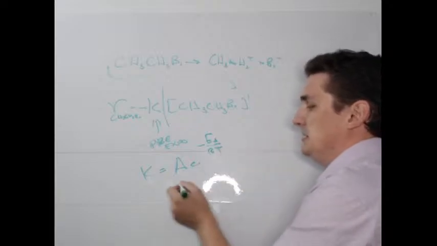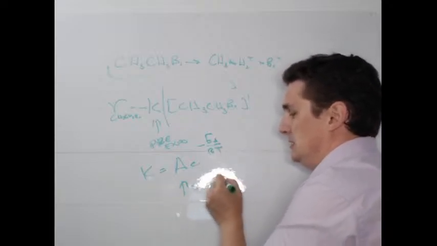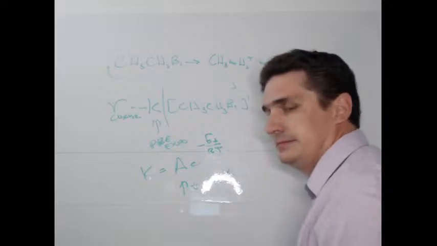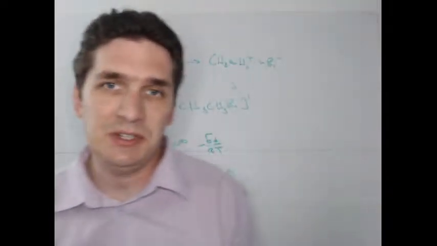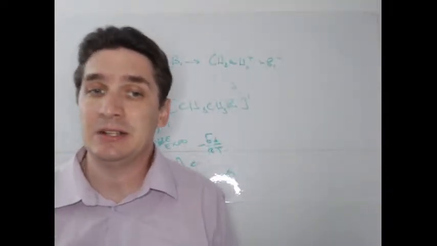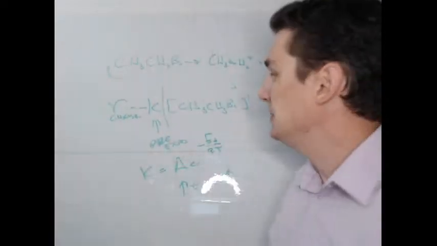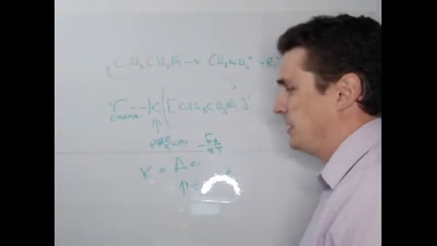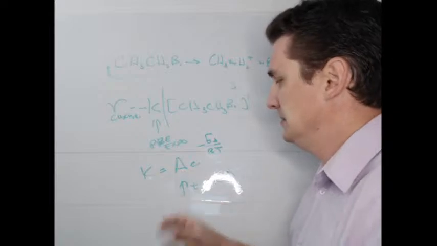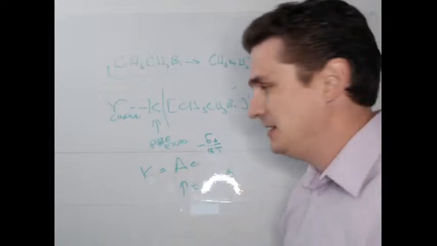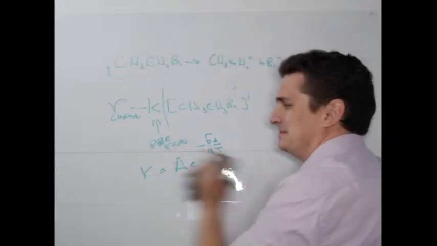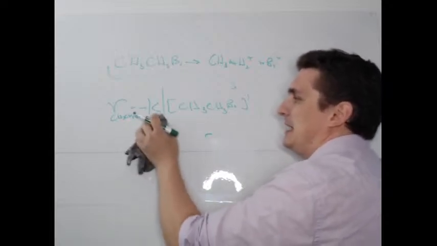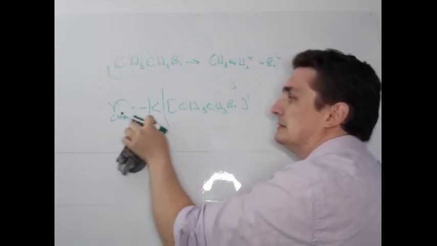As we start increasing temperature, k gets bigger. So as we increase temperature, we increase the likelihood that the reaction is going to happen, if it's going to happen. And we'll talk about it as well. The pre-exponential factor does a lot of things, but k itself just represents that probability.